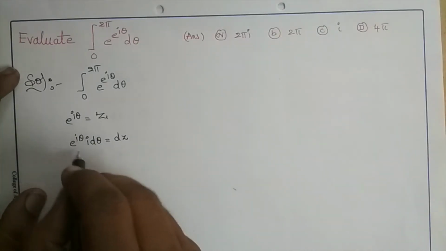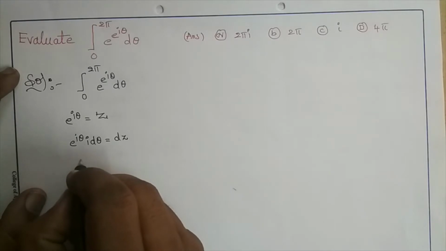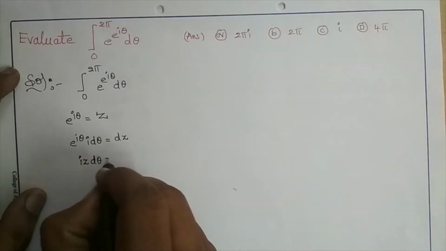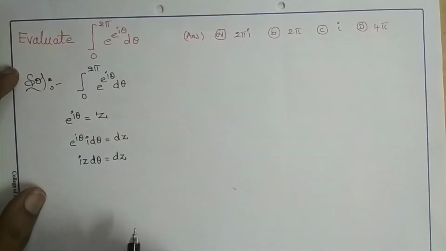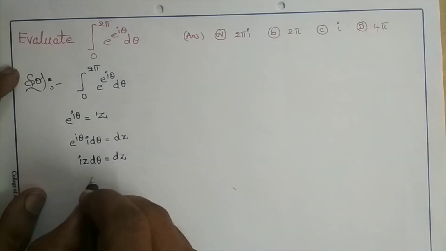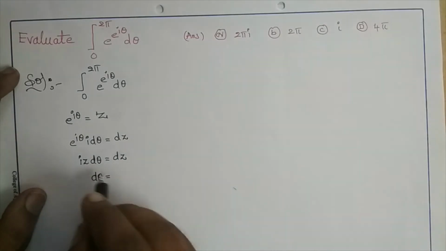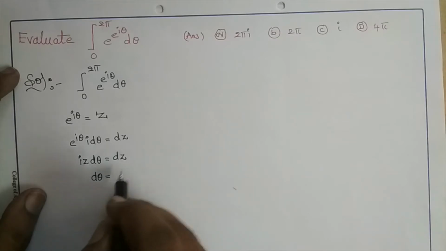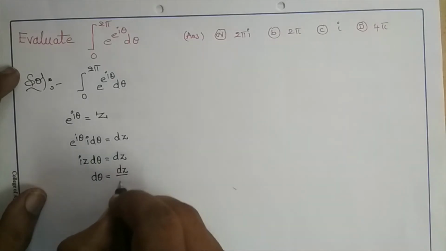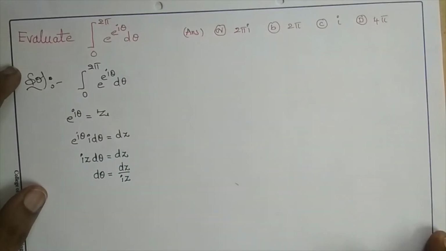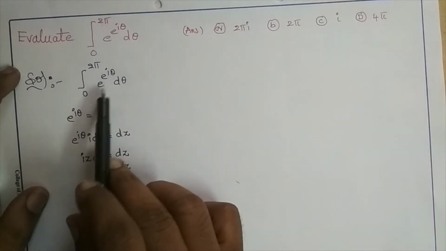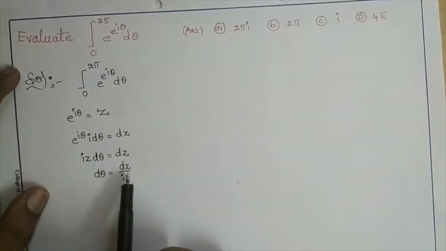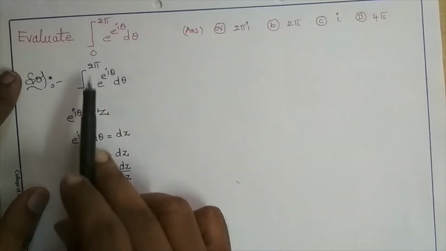Again e power i theta can be written as z, so iz d theta is equal to dz. Now we want to calculate d theta, so d theta is dz by iz. So now we replace the integrand e power i theta with z, and d theta as dz by iz.